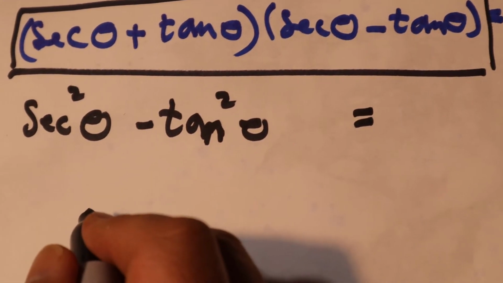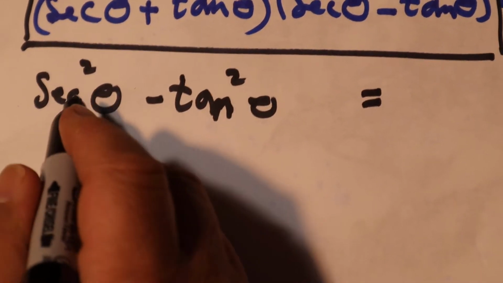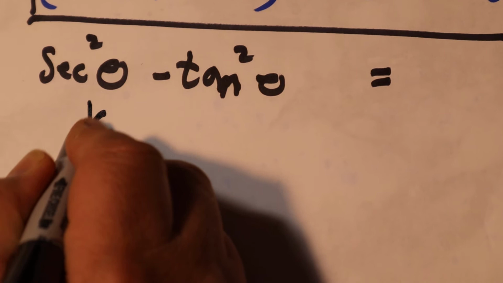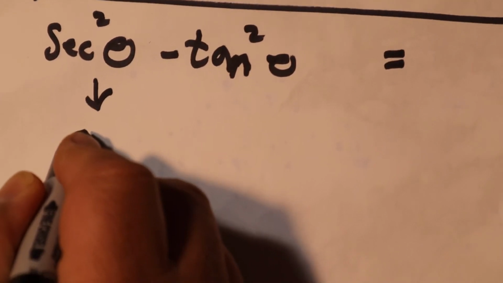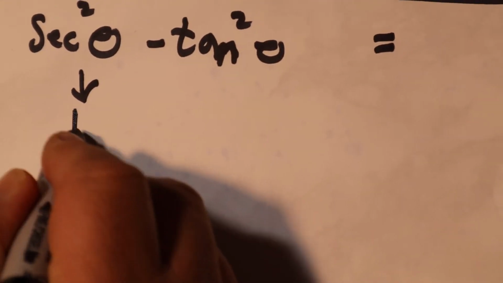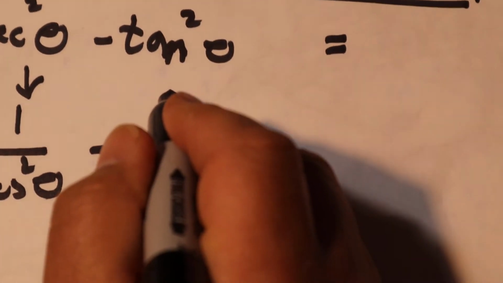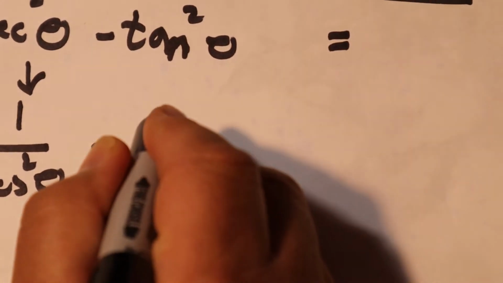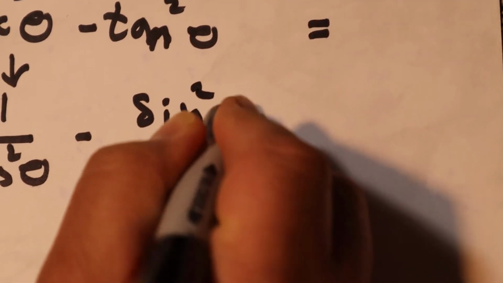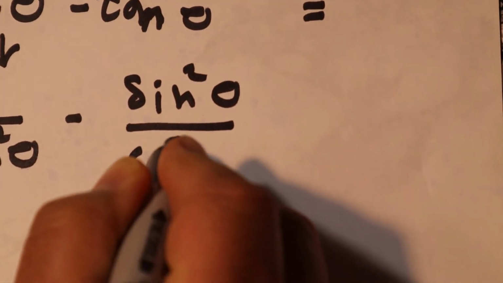So let's do that here. Secant square, what's secant square? We know that secant is reciprocal of what? Cosine. And tangent is sine over cosine. So it would be sine square over cosine square.